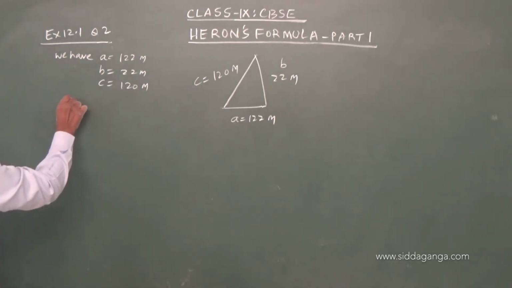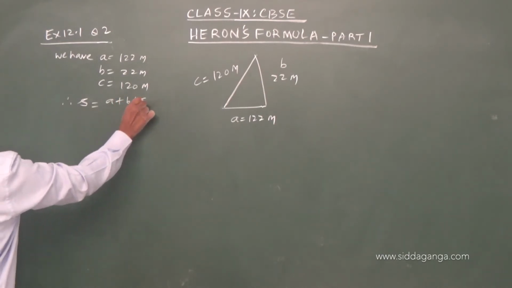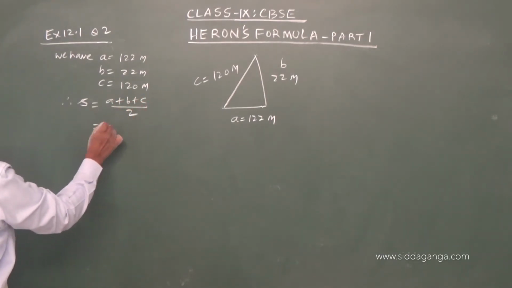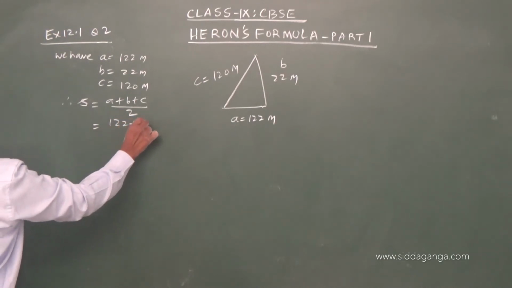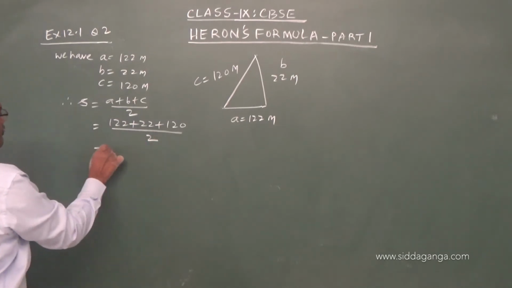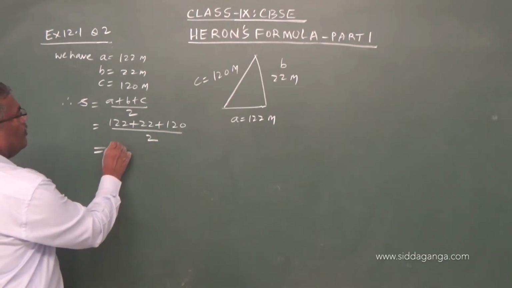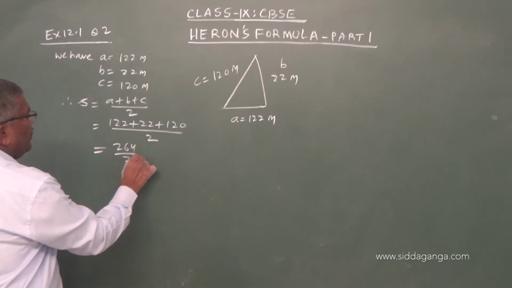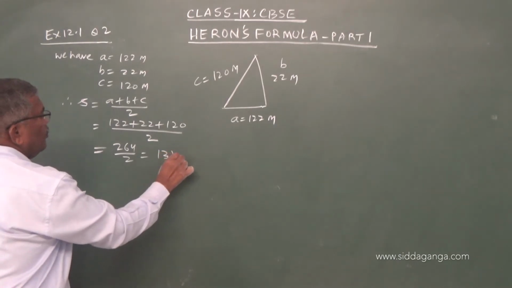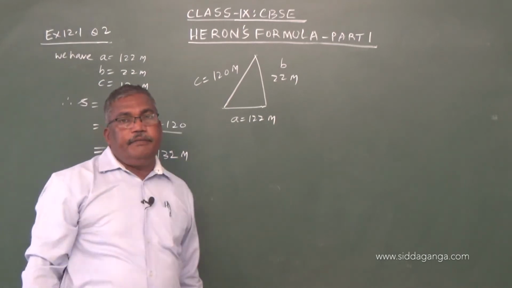Therefore semi perimeter S equals A plus B plus C divided by 2. That is 122 plus 22 plus 120 by 2, 264 divided by 2, or 132 meter. That is the semi perimeter.